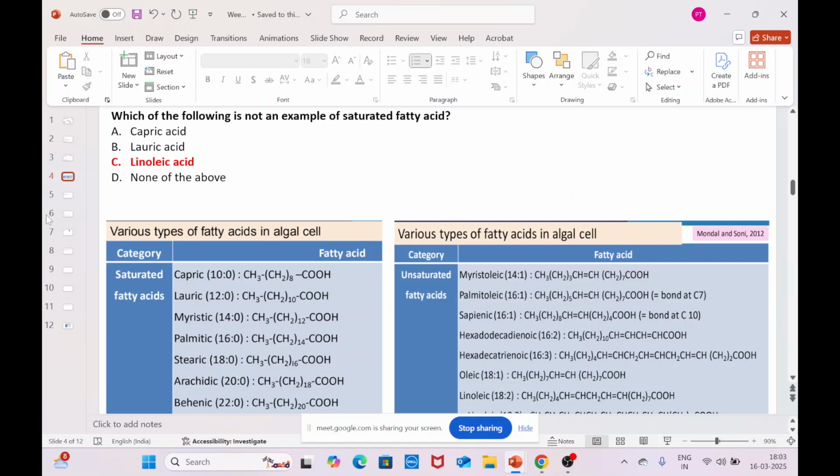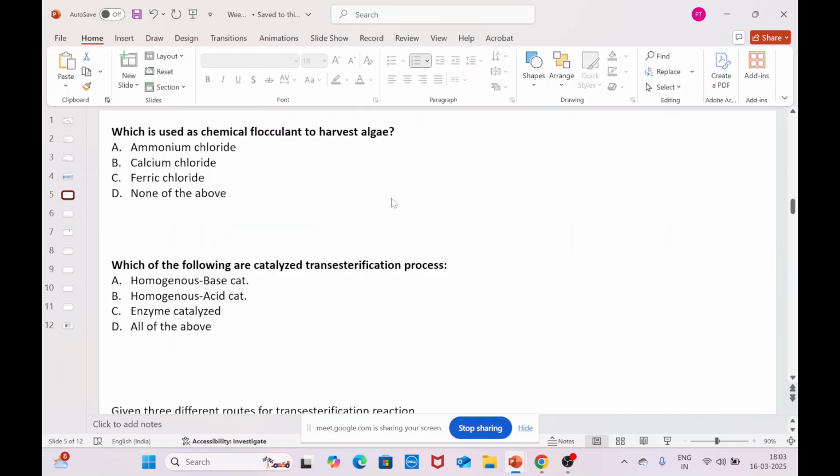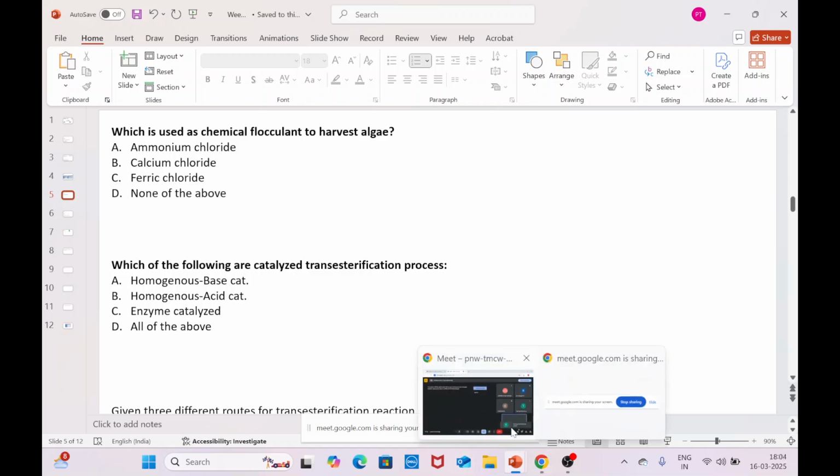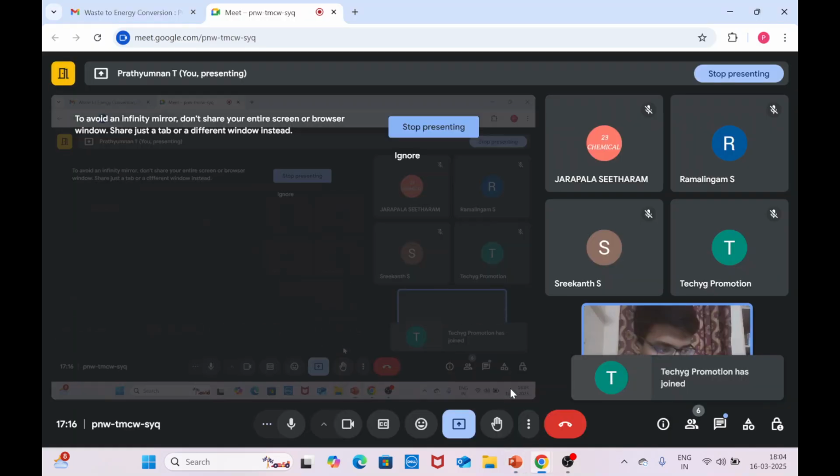Okay, so next. Which is used as a chemical flocculant to harvest algae? Ammonium chloride, calcium chloride, ferric chloride, and none of the above. Has anybody answered?